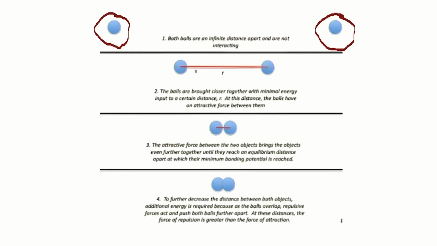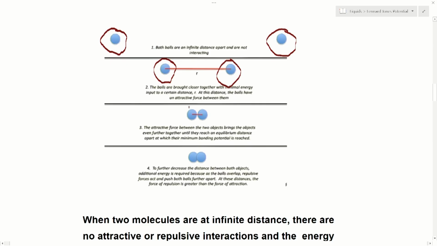When we allow these rubber balls to come a little closer, and the distance between them is r, they have some attractive force between them. We allow the rubber balls to come a little closer still. Therefore, the force of attraction between these rubber balls is a little higher, until they reach an equilibrium distance. That is the minimum bonding potential.